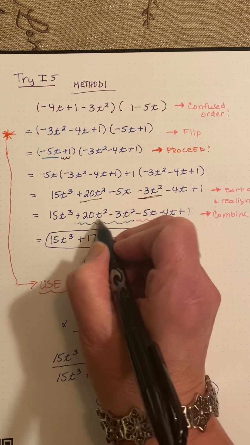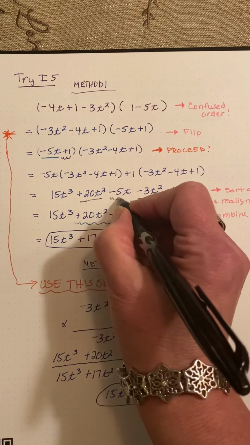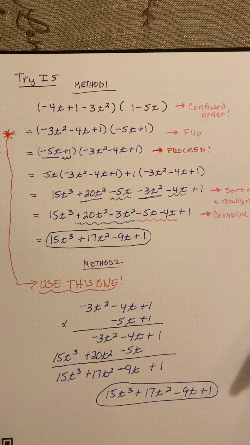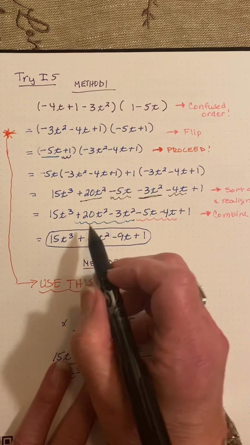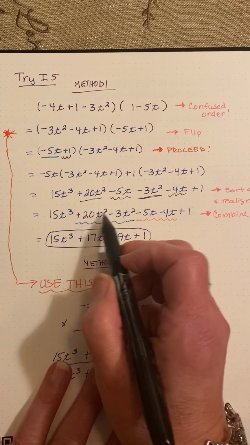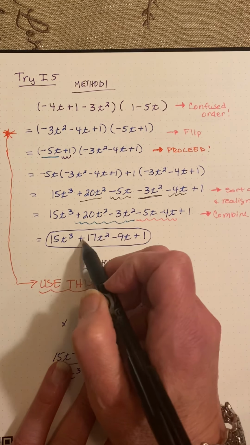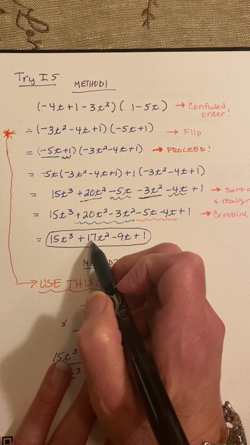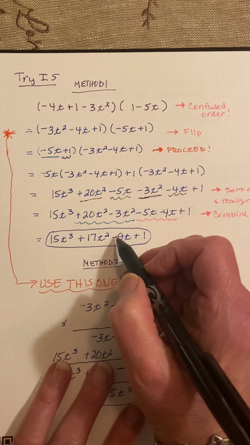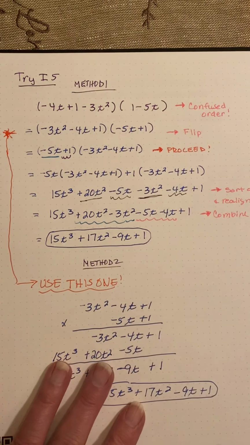So it's plus 20t squared minus 3t squared. Now I'm going to get my t's, negative 5t, negative 4t plus 1. Okay, now I just combine them: 15t cubed, positive 20 minus 3 is plus 17, so 17t squared. 2 negatives still keep it negative, so I add them, negative 9t plus 1, and there I have it.